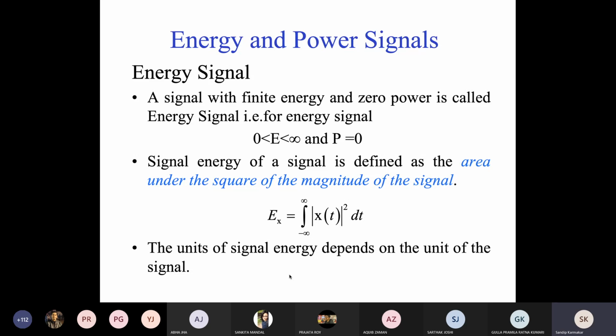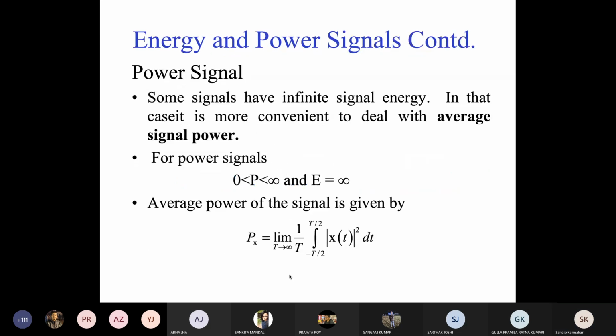It will be infinity, right? Sir, the integral won't converge, so it will be infinity. Yes, sir. Infinity, but within that period of 0 to T, what is the power?